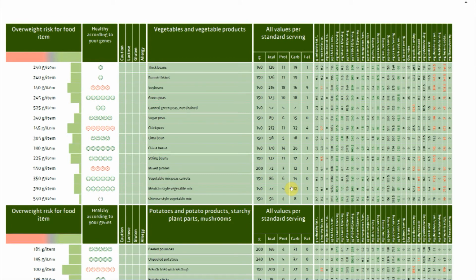For you to use it, really just eat more of the green smileys, eat less of the red smileys, the unhappy faces. And sometimes you might even see in meat, all of it is bad, but some of it has six red smileys, unhappy faces, and some of it has 2. So you should just prefer the ones with less unhappy faces.